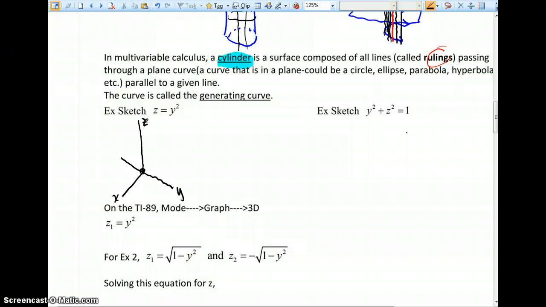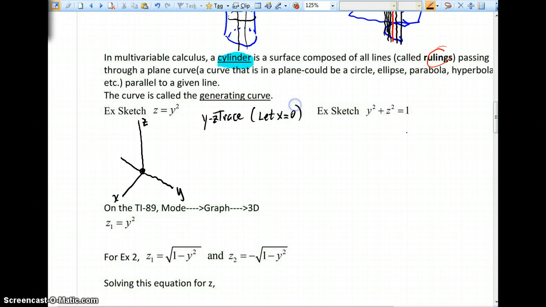When a variable is absent, we could actually talk about something called a trace. A trace is going to be a 2-dimensional snapshot of the curve. If I talk about the YZ trace, this means we're assuming that x is equal to 0.